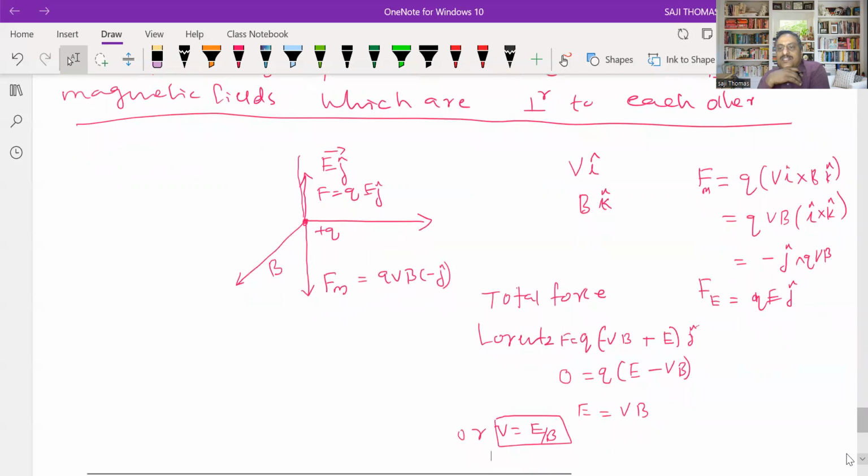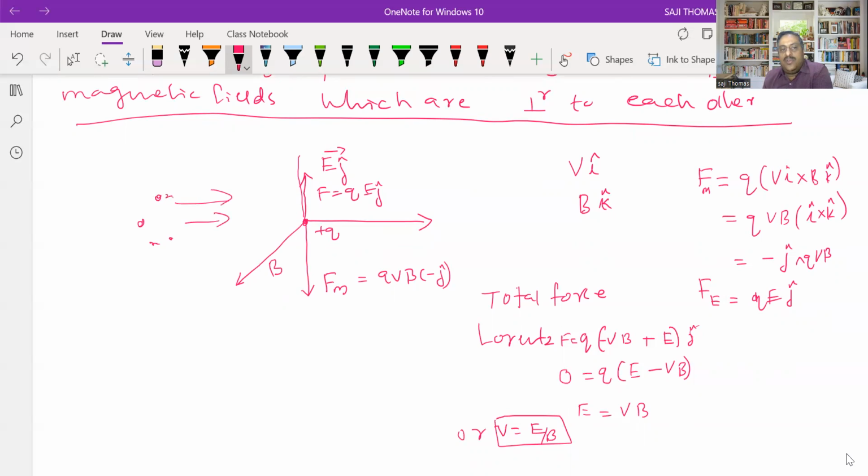Such fields are crossed fields. This arrangement is known as velocity selector. Why is it so called? Suppose many particles of different charges and masses, moving with different speeds, are allowed to pass through this arrangement.